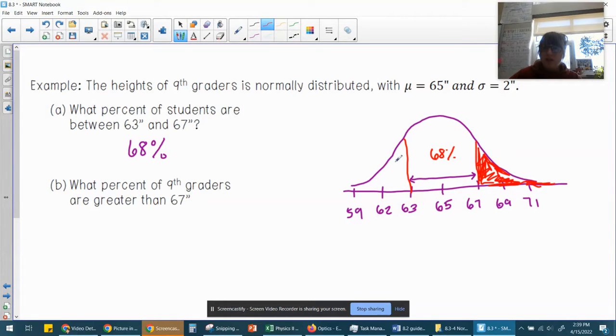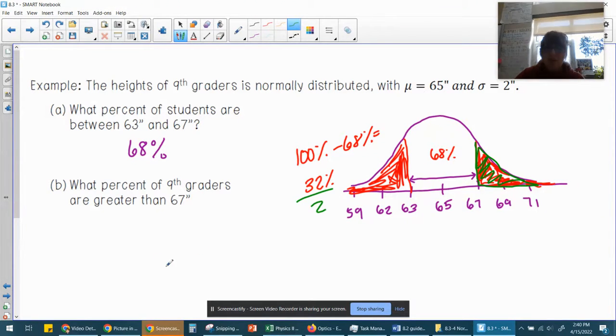So that means that outside, if I look at this lower half as well, if there's 100% of all of my values, I can figure out that that red area is going to be 100% minus 68%, or what is that, 32%? But I only want half of that because I only want to know this area up here. So divide that by 2, and 16% is going to be above 67 inches.